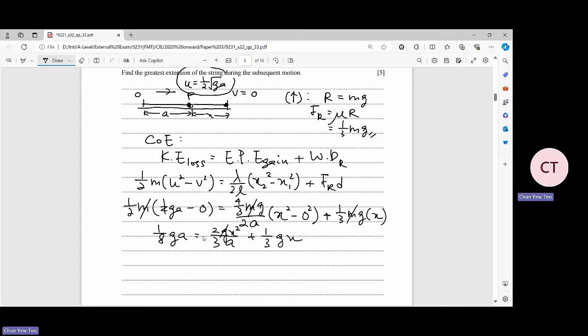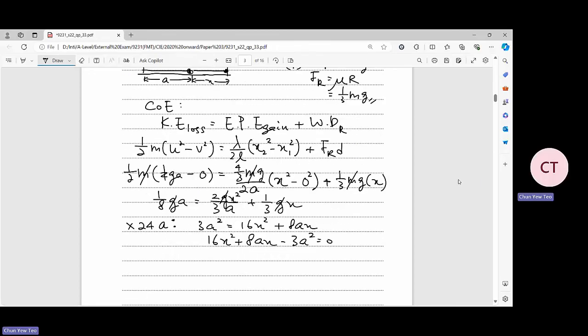So the g can also cancel, and you multiply everything by 24a. So you get 3a squared equals 16x squared plus 8ax. So you will get 16x squared plus 8ax minus 3a squared equal to 0.